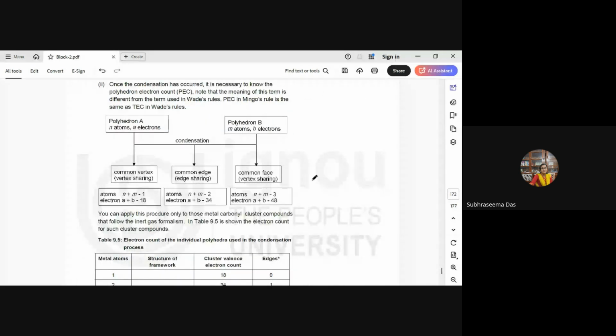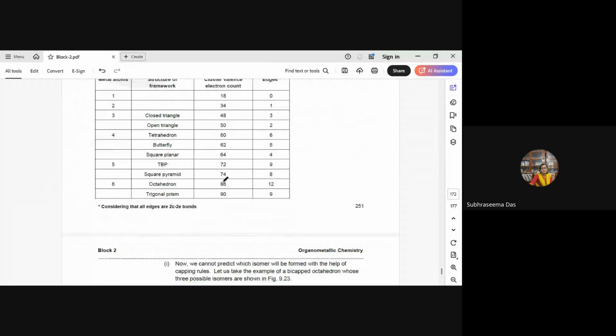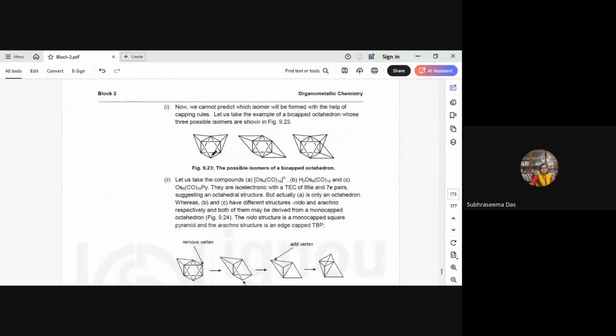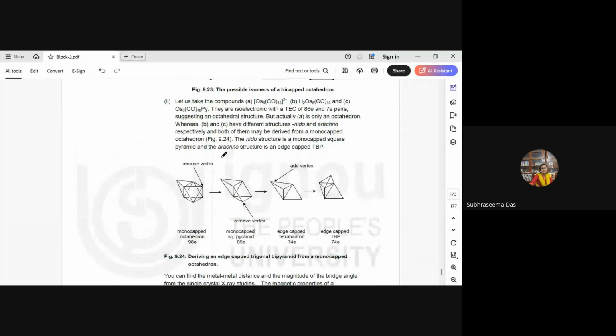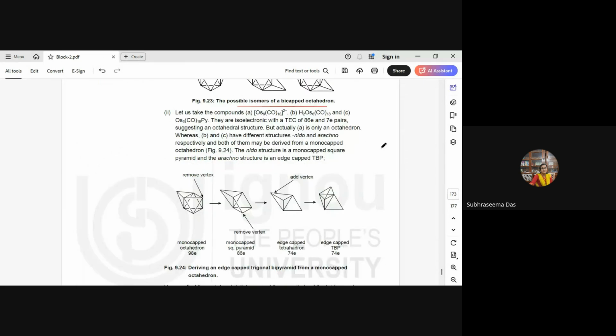And we can apply this procedure only to metal carbonyl clusters. Here the electron count of individual polyhedra used in the condensation process has been shown, but we cannot predict which isomer will form with the help of the capping rules. So the capping rule does not define what type of isomer is formed. An example has been shown that it is inefficient for identification of an isomer.